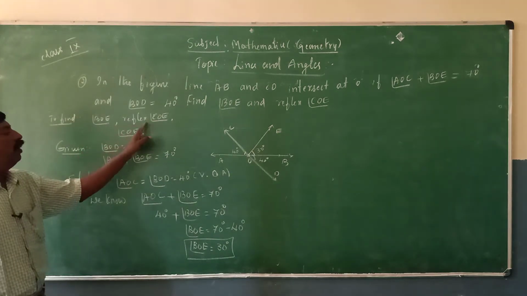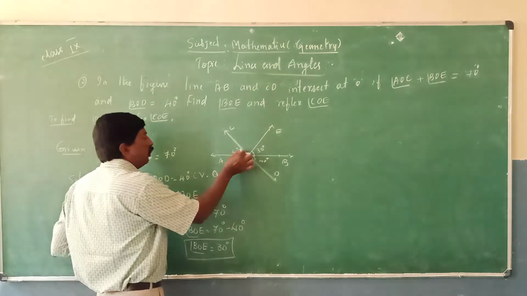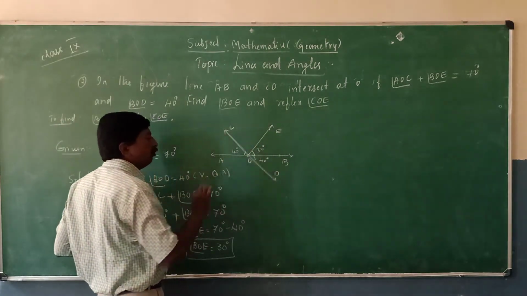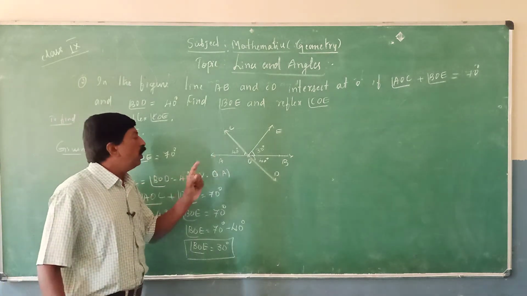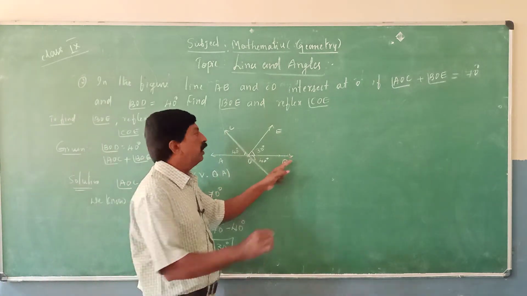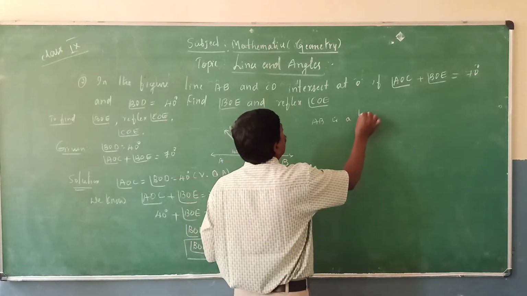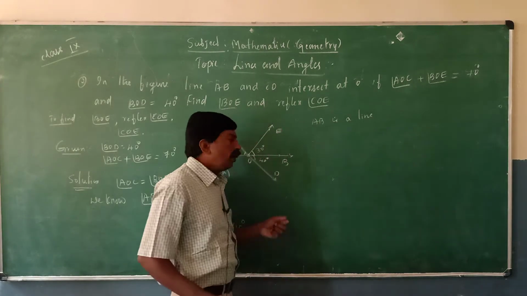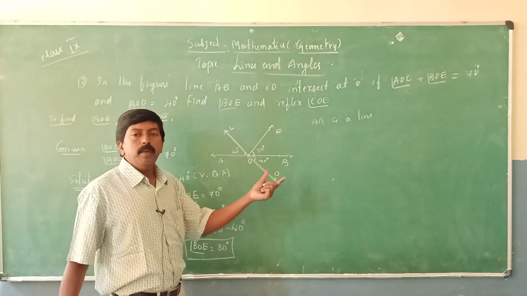Again, find reflex COE. Which is reflex COE? This is reflex COE. It means directly it is not possible. So we know that AB is a straight line. AB is a line. Therefore, AOC and OE are standing on AB.